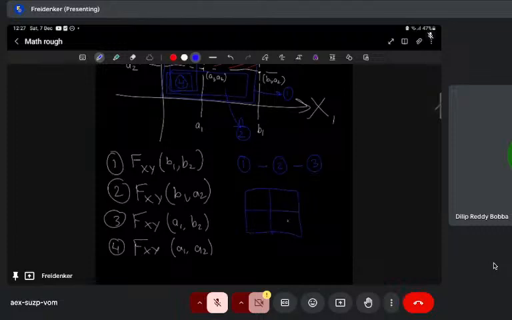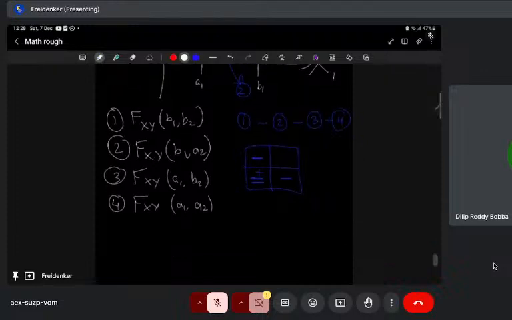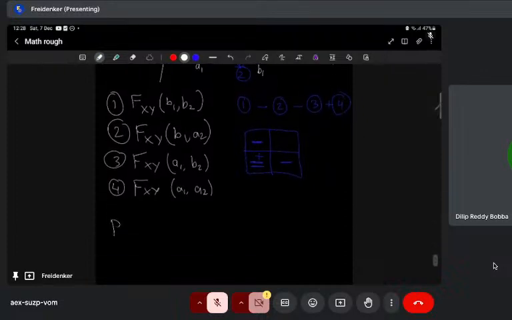I subtracted 2 and I subtracted 3, but this bottom portion got subtracted twice. So I have to add this box again so that each of the boxes is subtracted once. So I will add box 4.